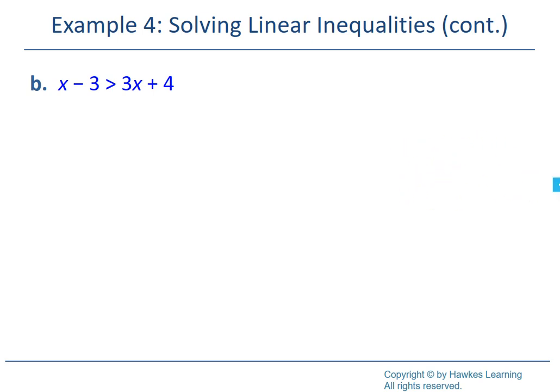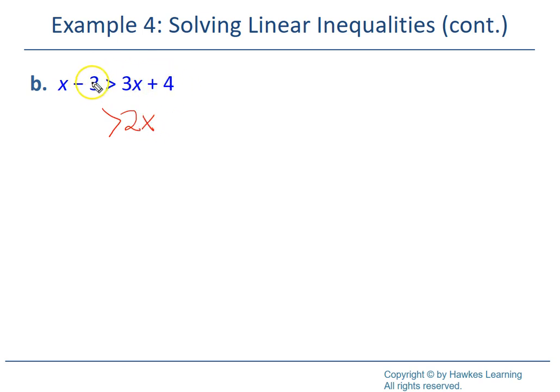Take time to write it down. I'm going to be writing these in my notes as this might be a quiz question. So I'm going to transpose the x to this side, where it becomes a negative x, negative 1x, 3x gives me 2x.